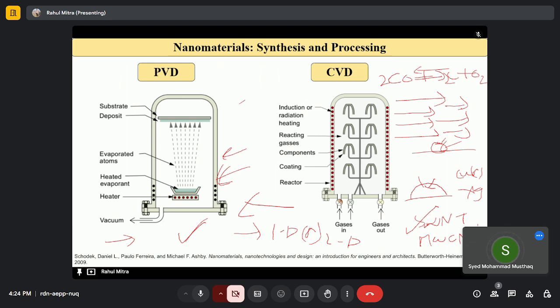So this process is physical vapor deposition. In chemical vapor deposition, we do the heating part too, but the main driving force here is a chemical reaction to form a specific compound. So that is the difference between PVD and CVD.